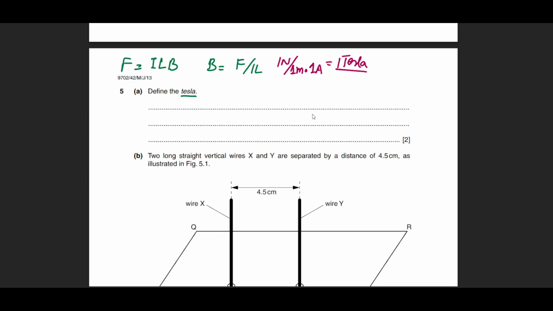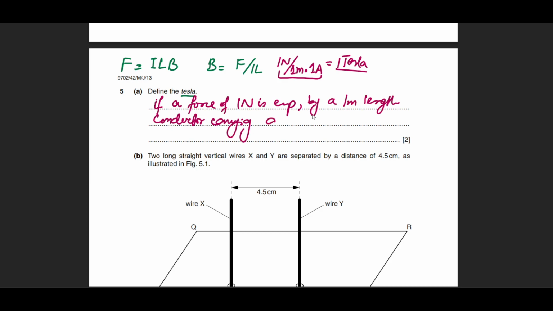You can phrase this any way you want. You just need to make sure that everything is 1. So what can you write down? That if a force of 1 Newton is experienced by a 1 meter length conductor carrying a current of 1 ampere.